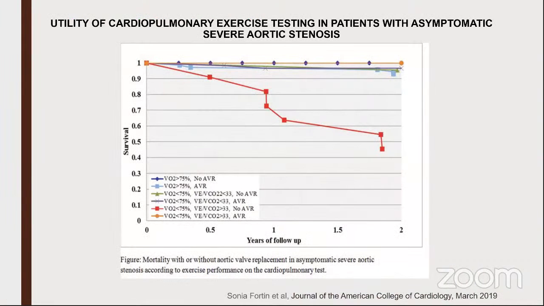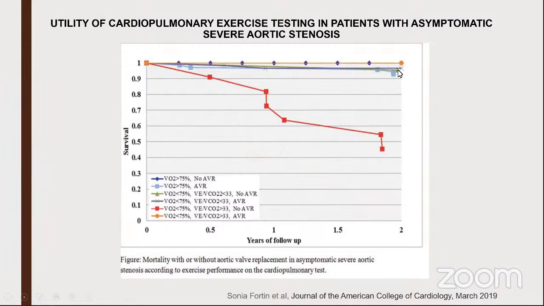And it's striking that in the red group, where the patients were limited on CPEX despite being officially asymptomatic, if their VE/VCO2 was abnormal and they did not receive AVR, half of them were dead in less than 2 years. On the other hand, if they were limited on the peak VO2, however their ventilatory efficiency slope was normal, and they did not receive AVR, most of them were alive.